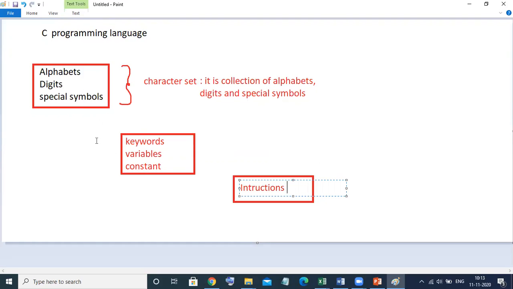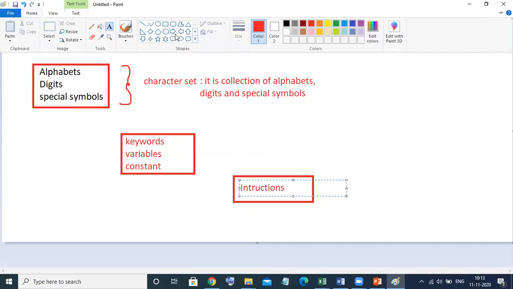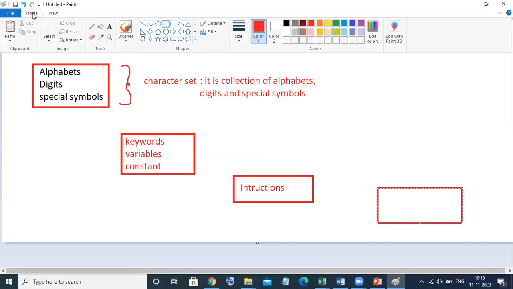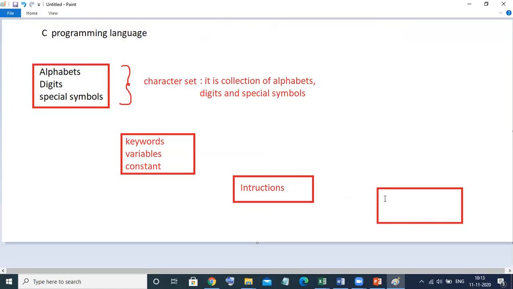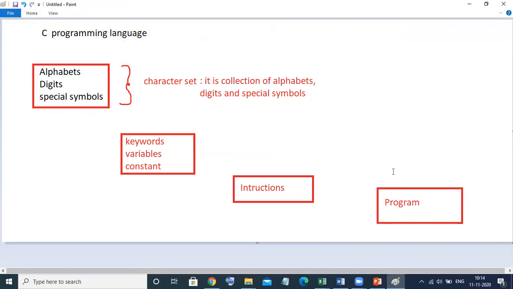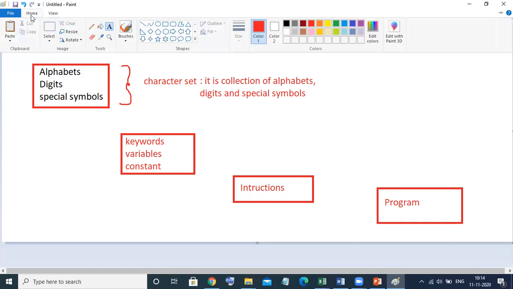After learning these two boxes, you are able to learn how to make instructions. And the final step, using all three boxes, we are going to write one program. That means we are going to learn a program. What we are doing here is learning all the basic stuff required to write a program.